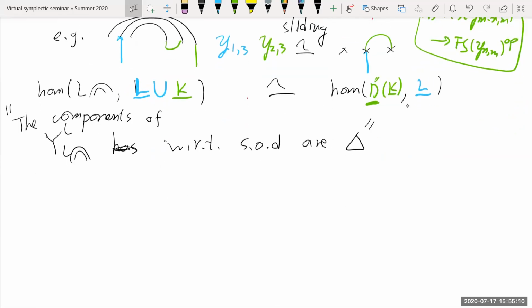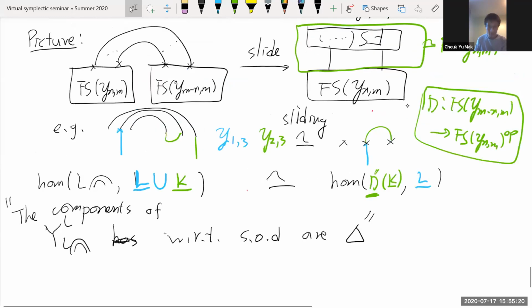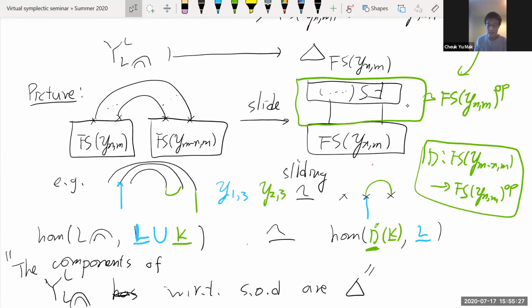Yes, Cheuk Yu, can you explain again how the map D works? How did you go from having two green arcs to just one? So the actual proof is by explicitly constructing a chain map relating the two. For example, here we only have one intersection point. It means that whatever we get is something tensored by a k, and then we can remove this guy.